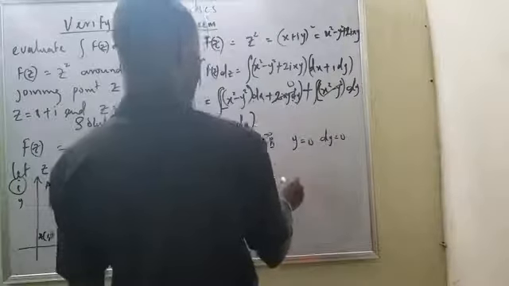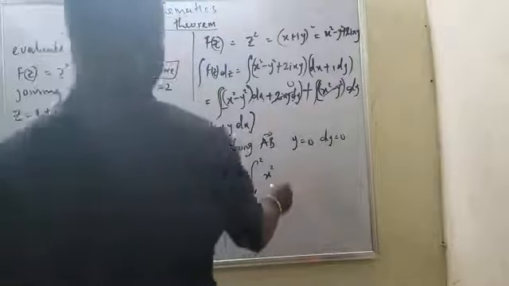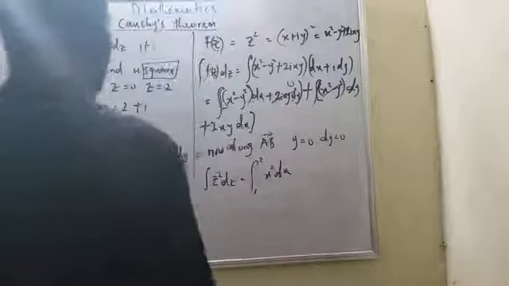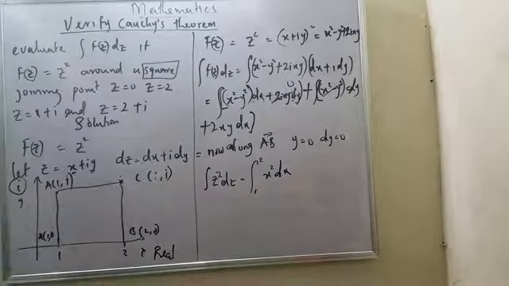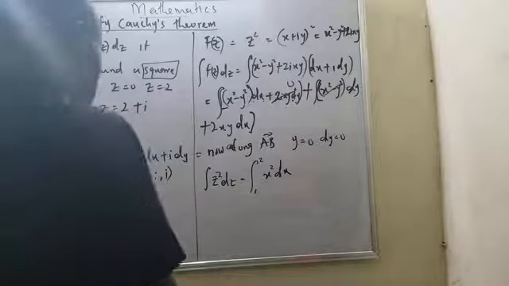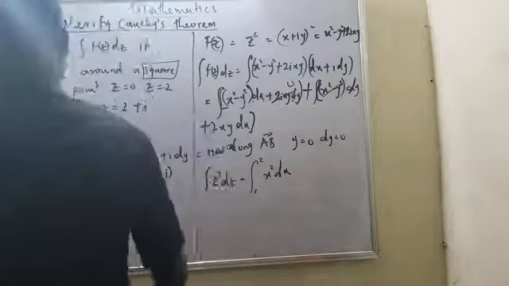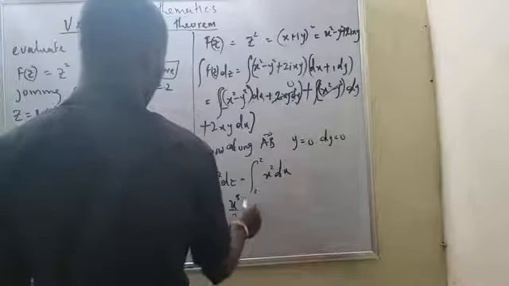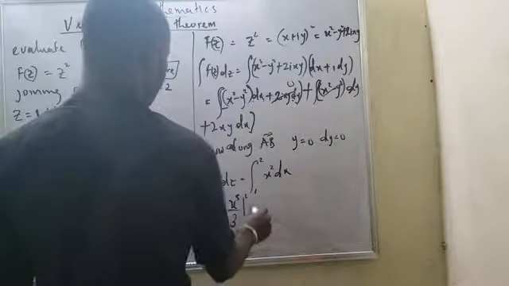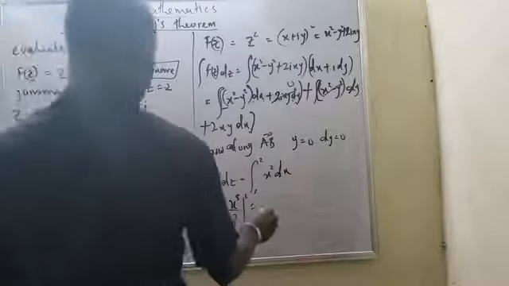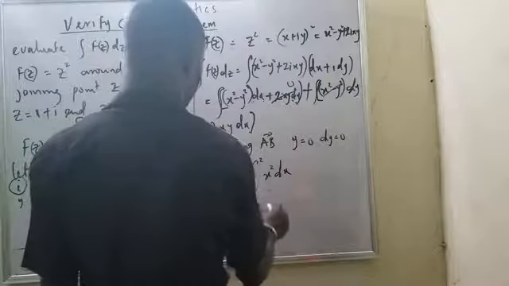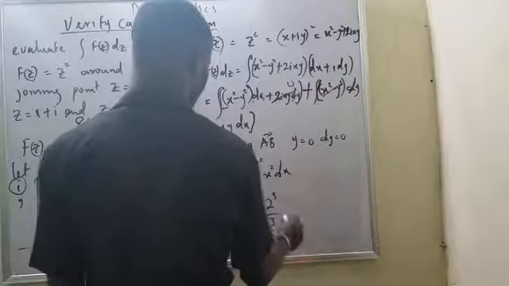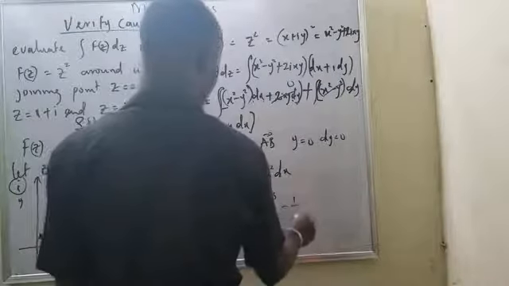Now I'll be having the x squared dx. Only the x is functioning. Once I integrate this function, I'll be having x cubed all over 3 from 1 to 2, which also implies 2 raised to power 3 divided by 3 minus 1 all over 3.